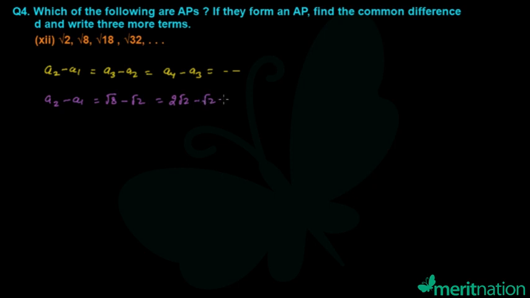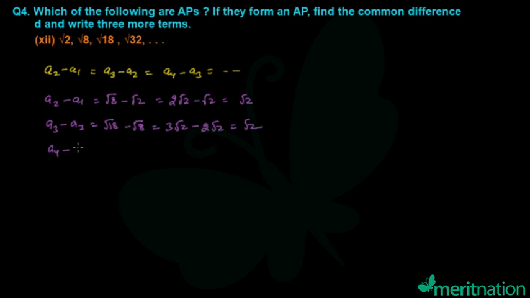So now we can subtract. It is root 2. a3 minus a2 means root 18 minus root 8. Similarly, we can simplify these two terms. Root 18 is 3 root 2 and root 8 is 2 root 2. So the difference is root 2.